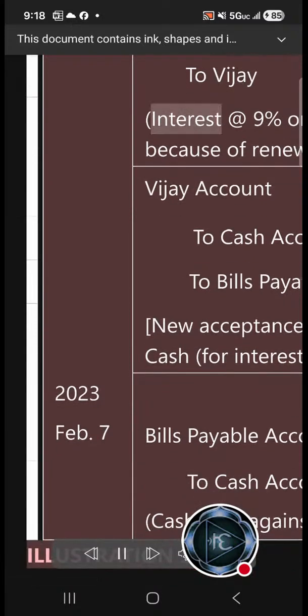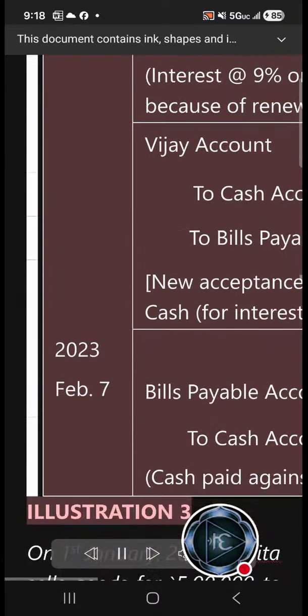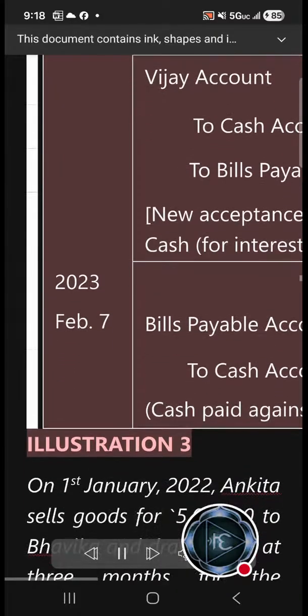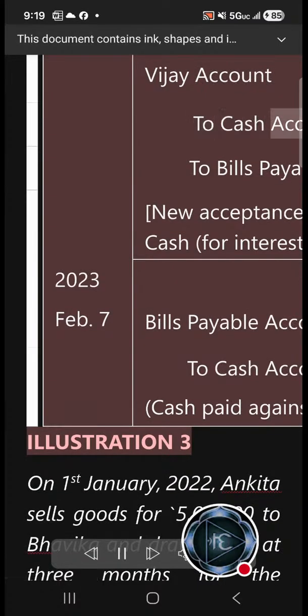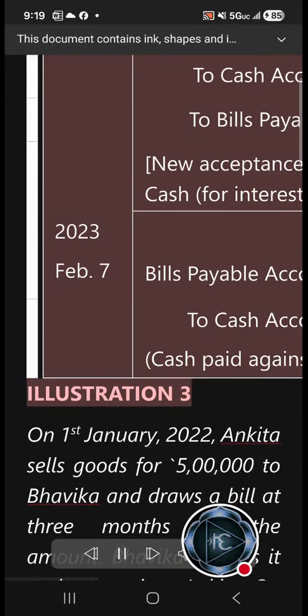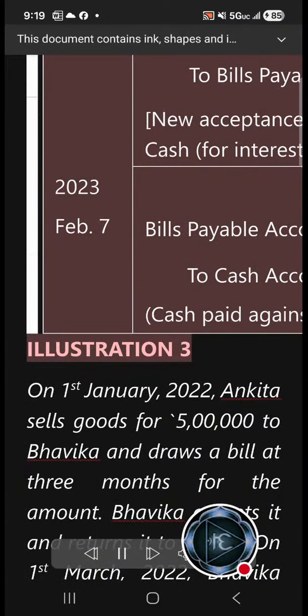1,590. Interest at 9% on 106,000 due to VJ for 2 months because of renewal. 107,590. VJ account. Doctor. To cash account. 1,590. To bills payable account. 106,000. 2023.